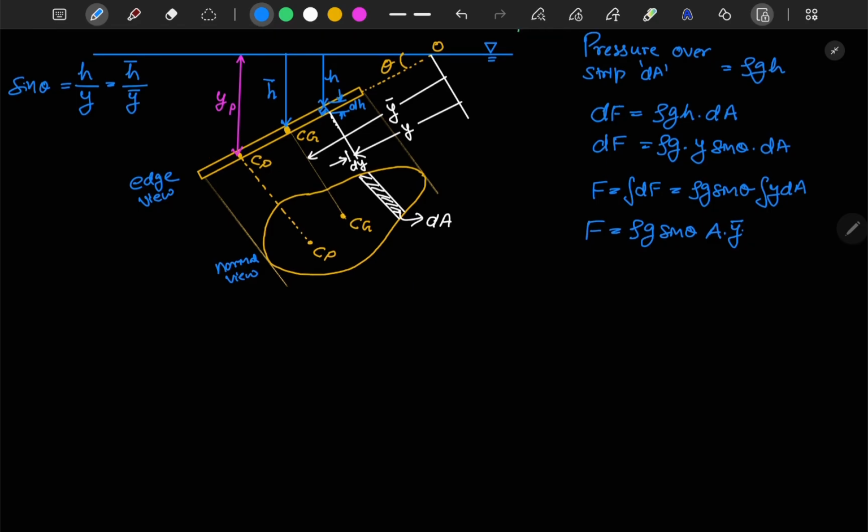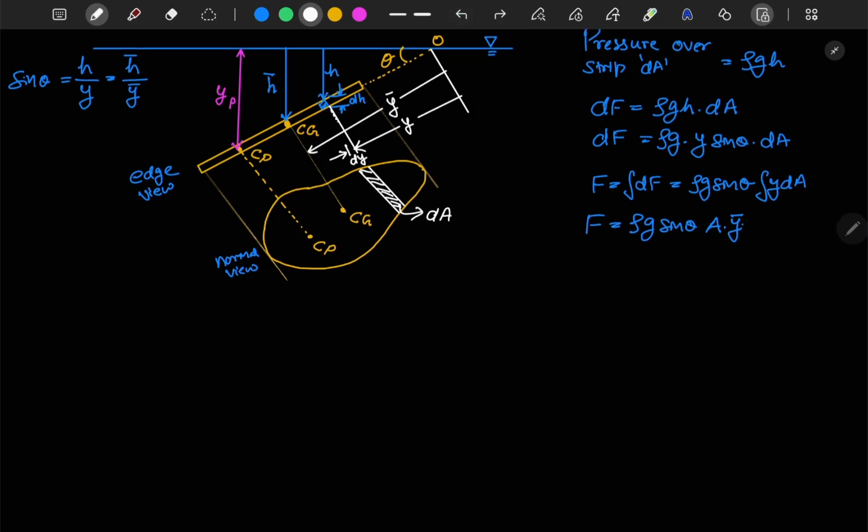Now here we can replace y bar using h bar upon sine theta.